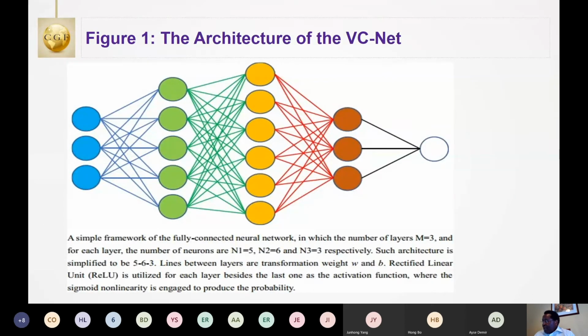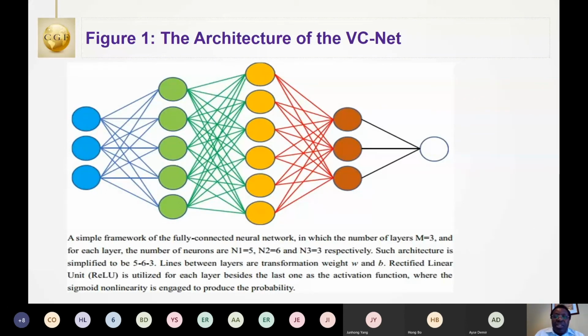The lines between the layers are transformed by weights W and B. Rectified linear units are utilized as the activation function for each layer besides the last one, where a nonlinearity is engaged to produce the probability. So you have inputs and a final version that goes into the output here. The lines capture the amount of interconnectedness.